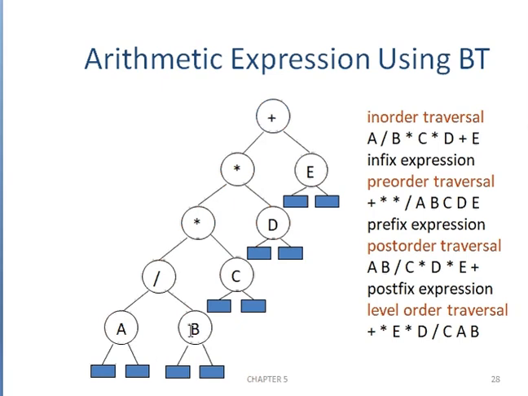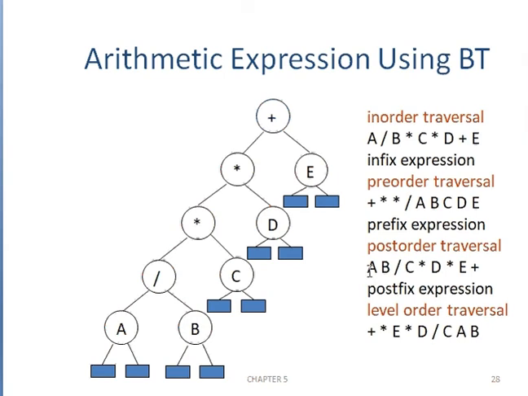Then again C. This is done. Then again D. Then again E. So this is how you follow. First we started with the node, all nodes were considered. Then when we moved on to the bottom, we scanned all the right subtrees. That's the procedure for preorder.